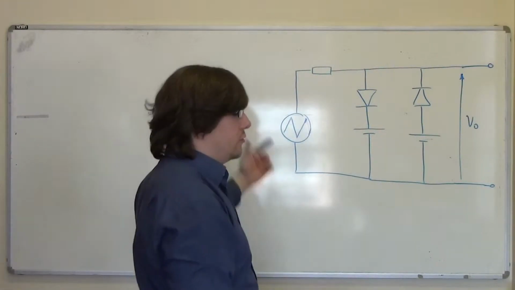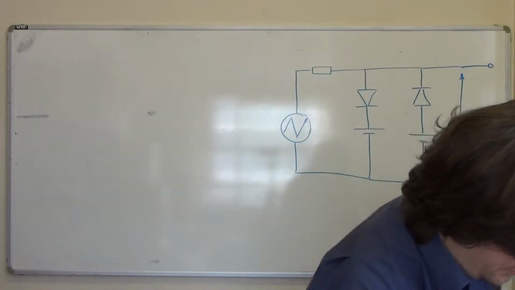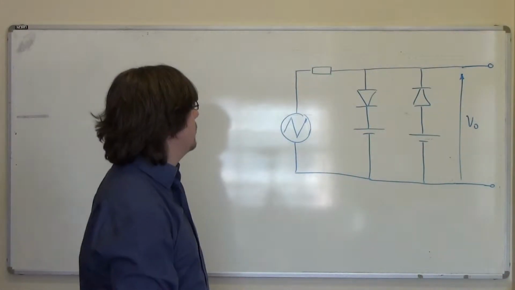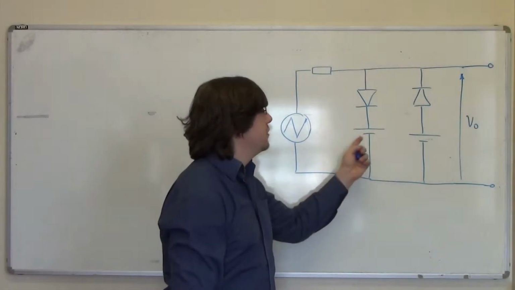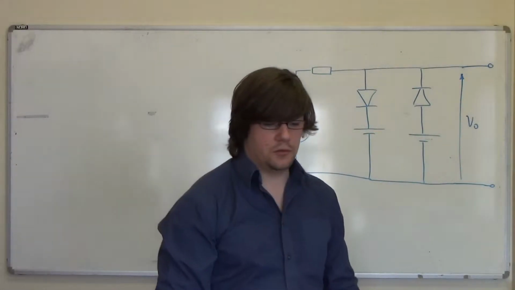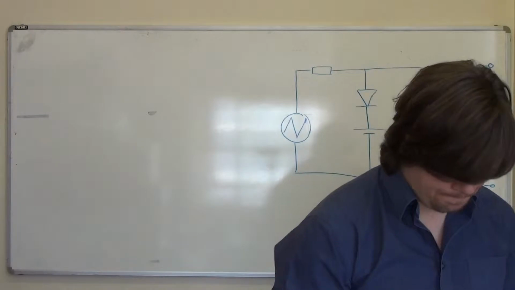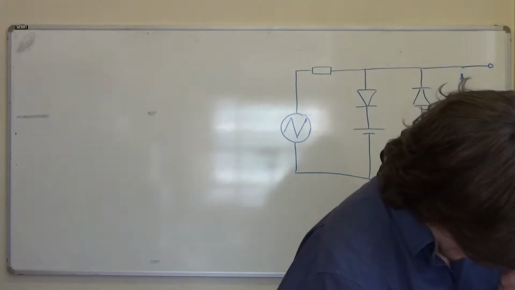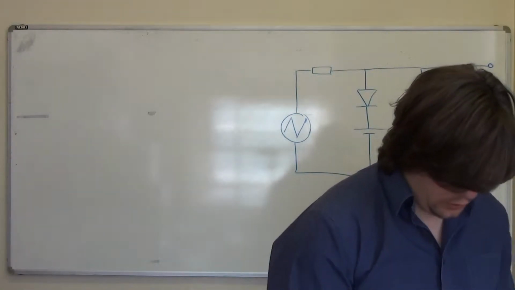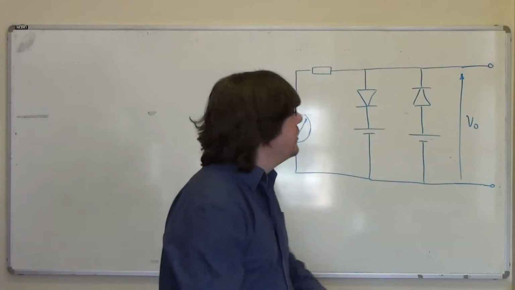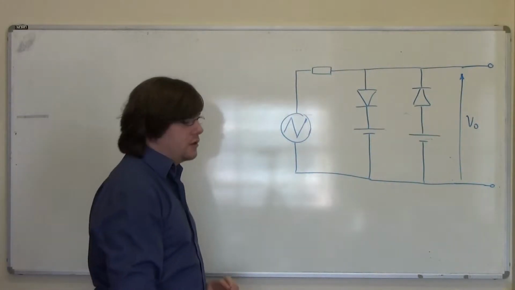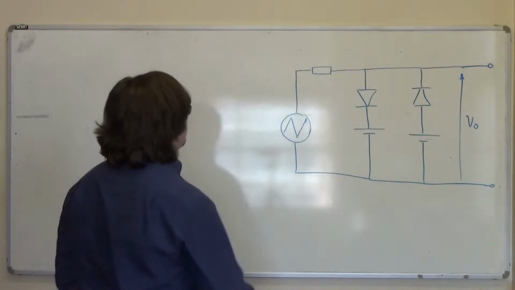This is just another way of drawing a triangular source, and the only reason I changed it from the usual symbol I use is to differentiate it from these battery type sources which represent fixed voltages. So we need to figure out, or we need to decide when the diodes will be conducting. Sorry, that's a kilo ohm.